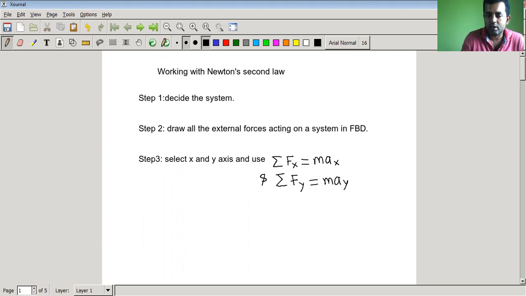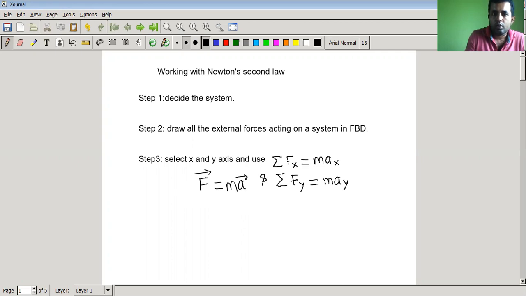Now I want to explain why these two equations come, because Newton's second law says that net force is equal to mass times acceleration.